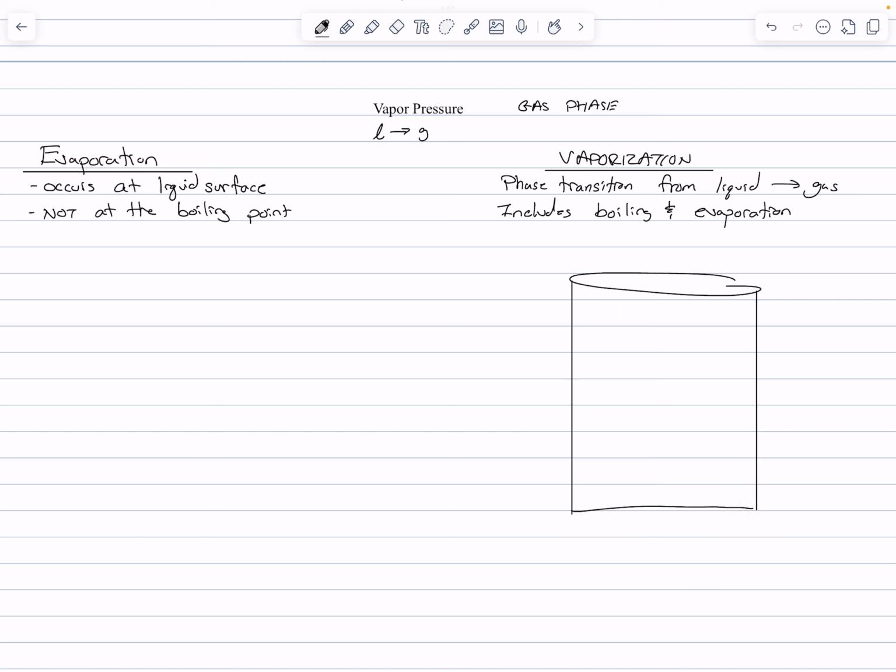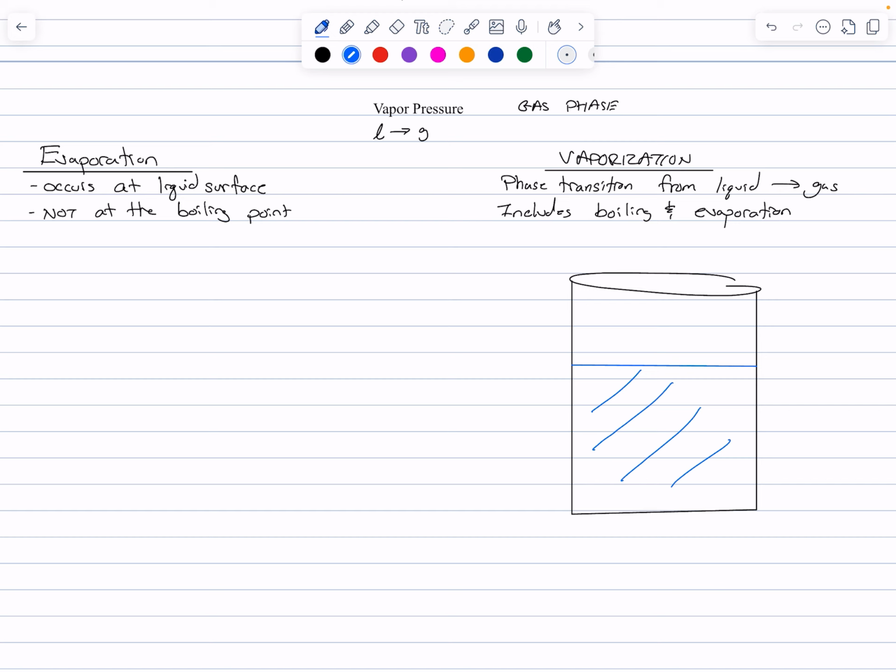All right, so if we had a container, there's my container, and in my container we have the liquid. We have these liquid particles, and we know that some of these are going to escape and become a gas.